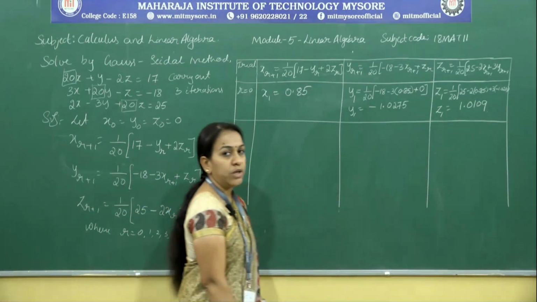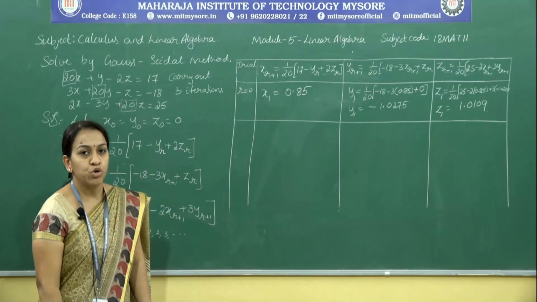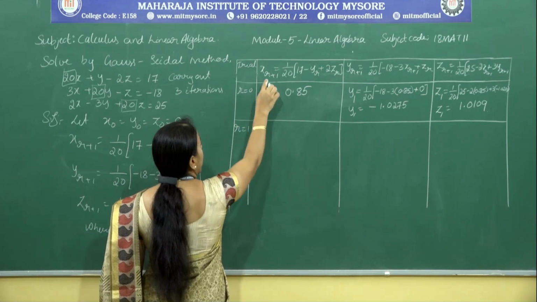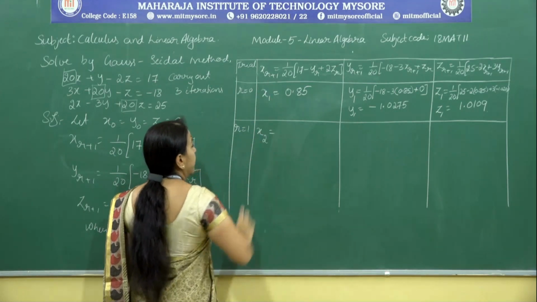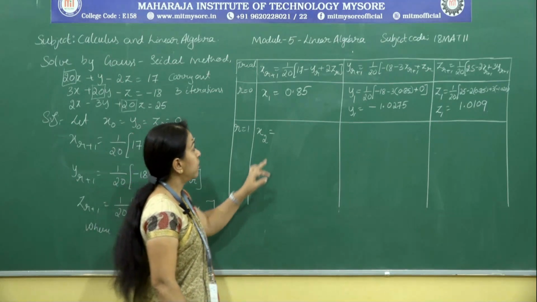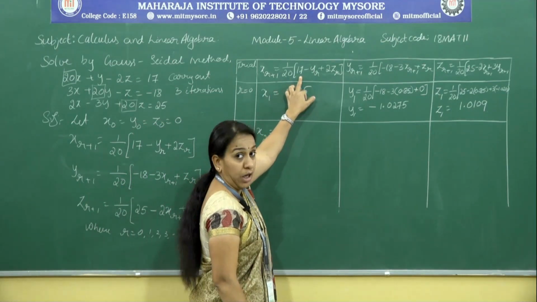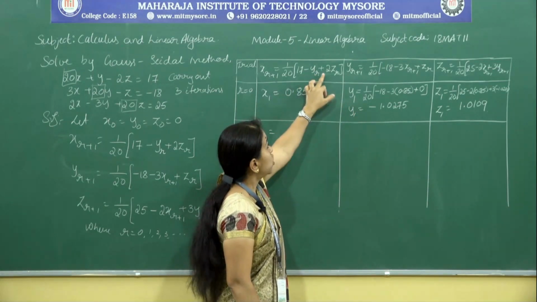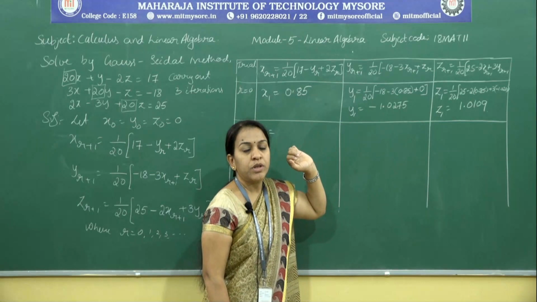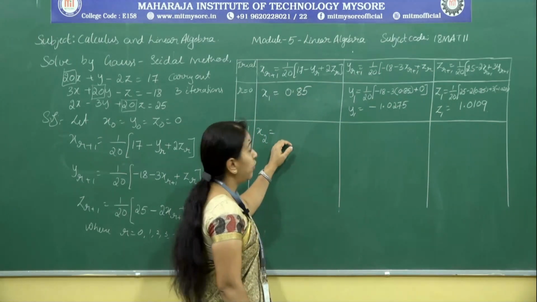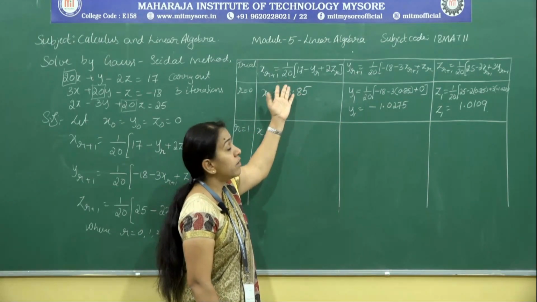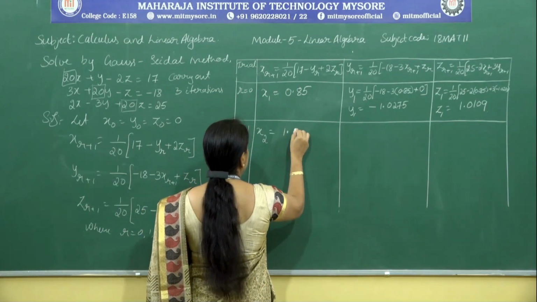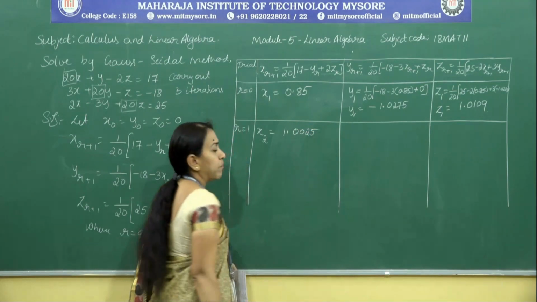Right? Now we are supposed to do 2 more trials. With r equal to 1, I will get 1 plus 1 as 2. If I substitute r equal to 1, then 1 by 20 into 17 minus y1, this result, plus 2 times z1, that value should be substituted here. If I add, subtract and divide by 20, your x2 is 1.0025.